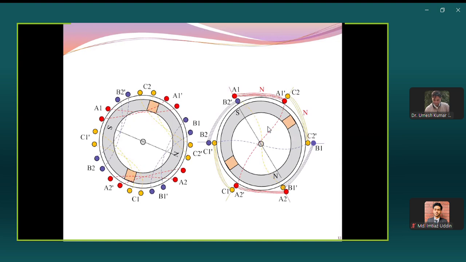We can see the conventional PMSM and BLDC motor windings have some differences. Here the windings of phase A, phase B, and phase C have half of the part above and half of the part downside.